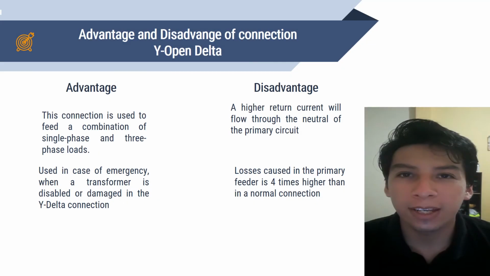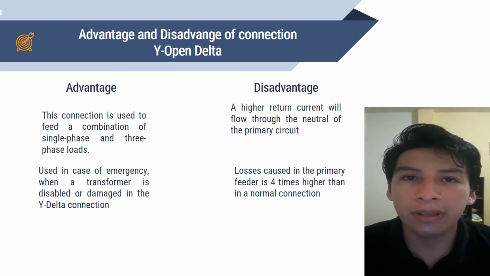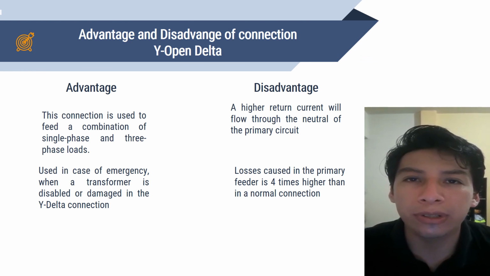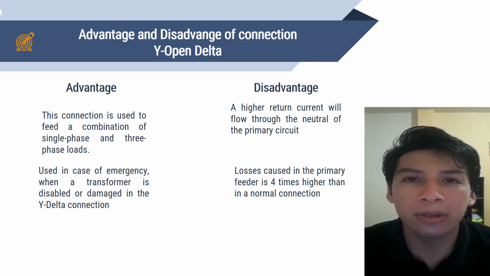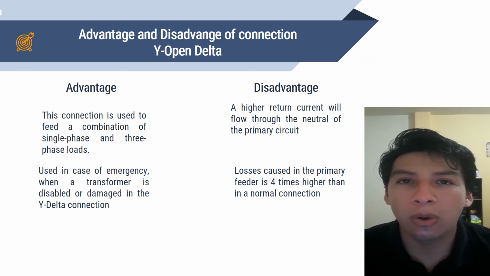Hello, my name is Johnny Lopez. I'm going to talk about the advantages and disadvantages of the open delta connection. Advantages. One of the most important advantages of this connection is that we can use it in case of emergency, maybe when a transformer is disabled or broken or damaged in the normal connection Y delta.